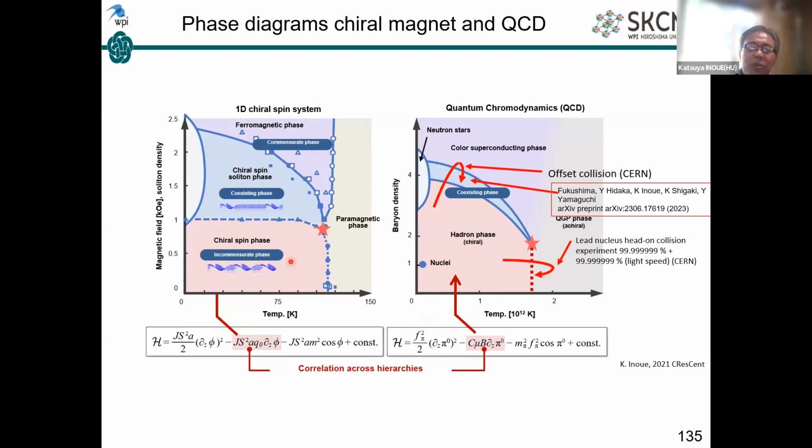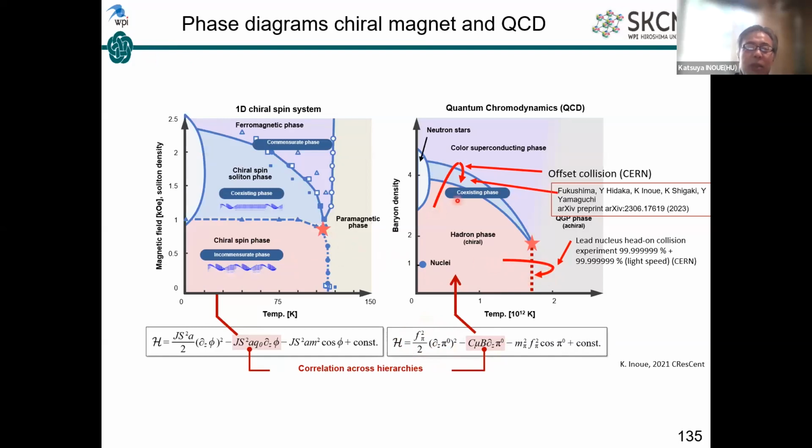This corresponds to our spin system. If we increase the temperature, the thermal energy becomes much higher than the exchange interaction, and the spins go to the paramagnetic phase. The same as with this one.